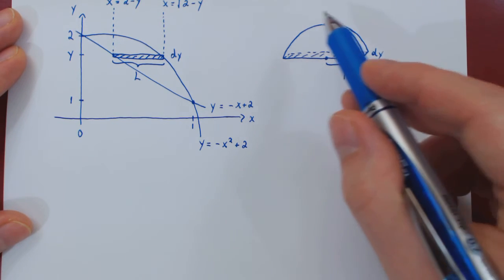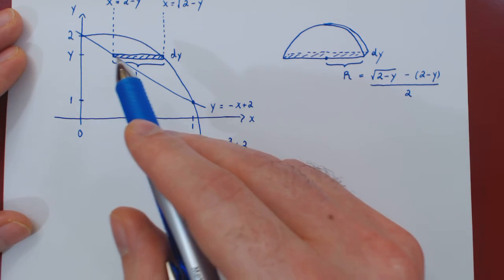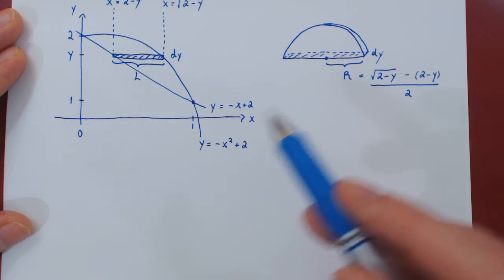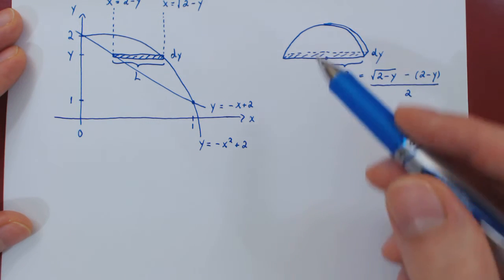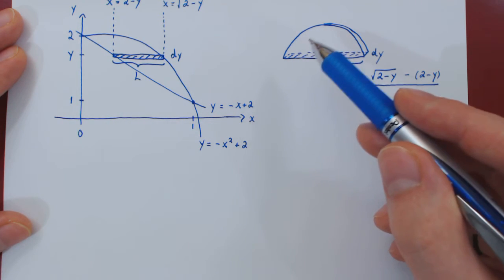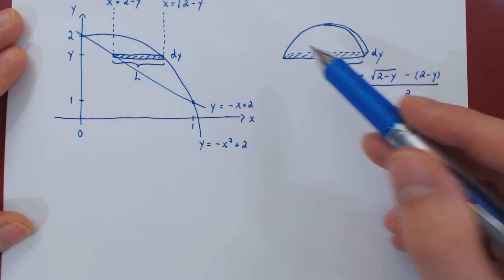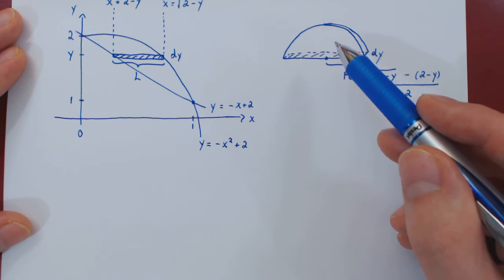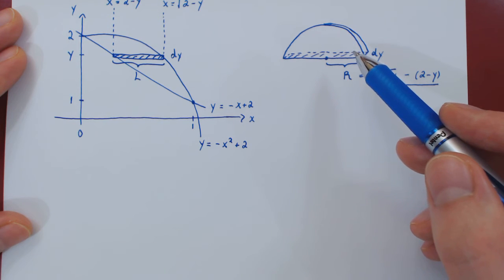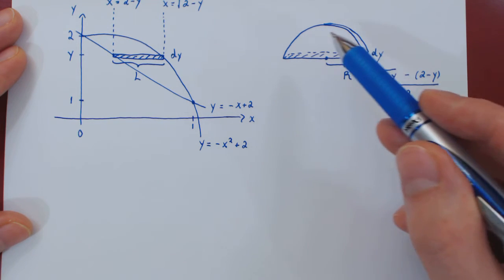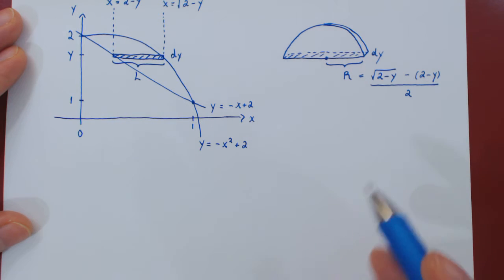We have the measurements for an arbitrary cross-section of our solid. So let's first find the volume of this little semicircle. Well, the volume will be the area of the semicircle times the thickness. Well, the area of a circle is pi r squared. But since we have only half of a circle, it's pi r squared over 2.